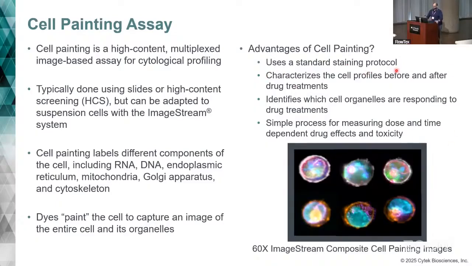Importantly, it does use a standard staining protocol, so you could standardize this across multiple cells. Then you can characterize those cell profiles. How are they before treatment? And did those different compartments change after treatment? Of course, it is going to identify, well, maybe the mitochondrial image changed, but the nuclear image stayed the same. And so it allows you to see how things would go.